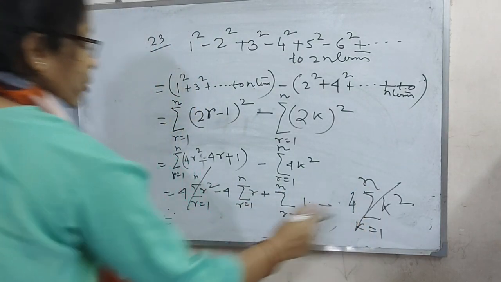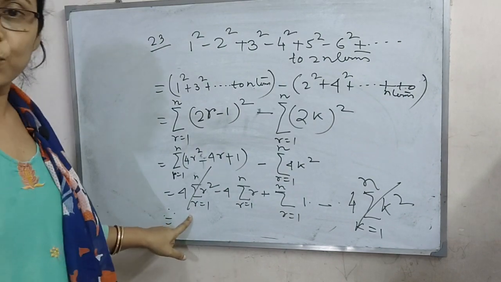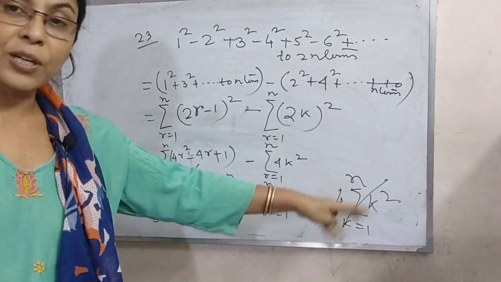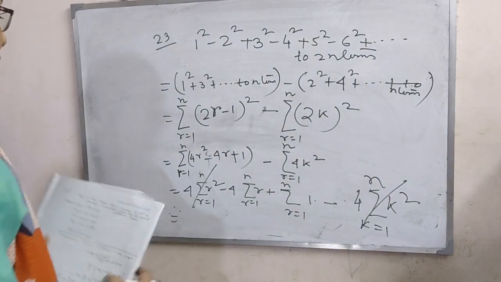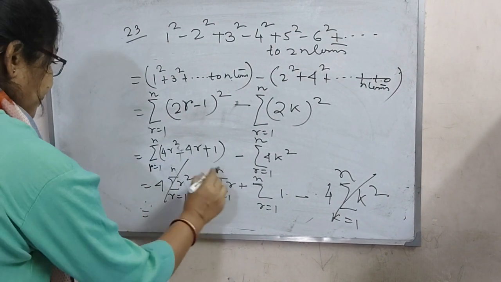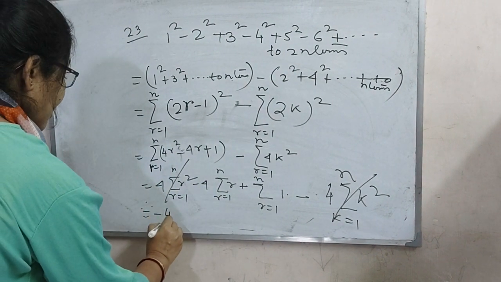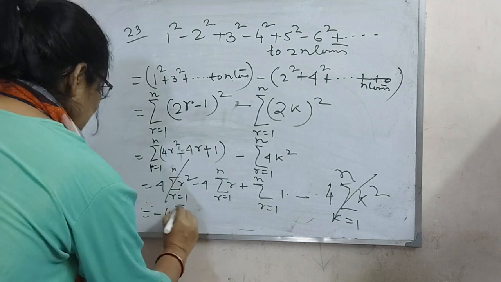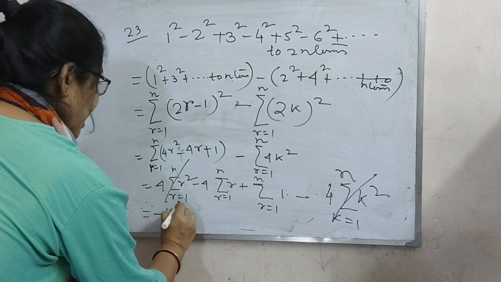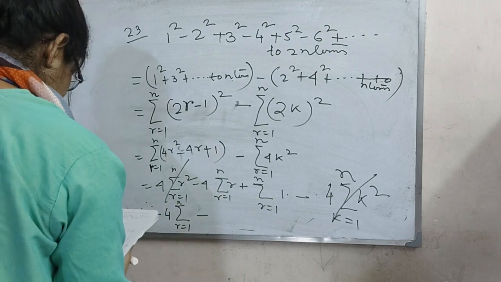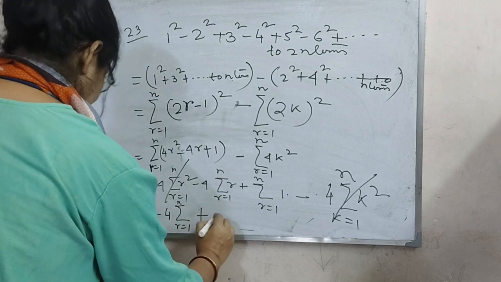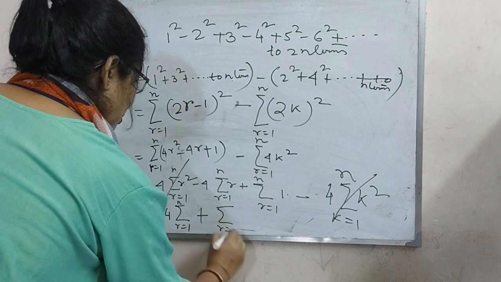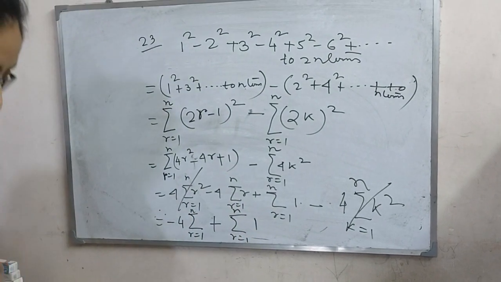This and this cancel out because this is 1 square plus 2 square plus up to n square, and this is 1 square plus 2 square plus up to n square. So this equals minus 4 summation r, r equal to 1 to n, plus summation r equal to 1 to n of 1.